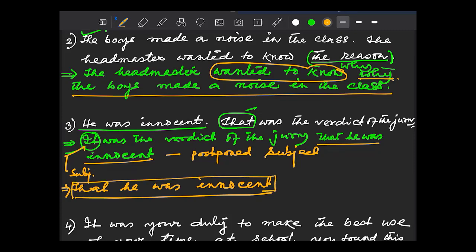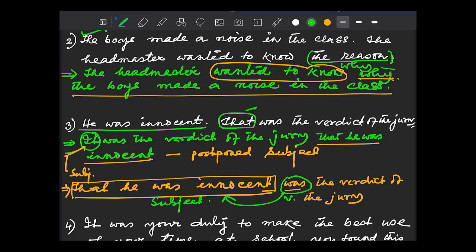So that he was innocent was the verdict of the jury. This is the verb was, and this is the subject.